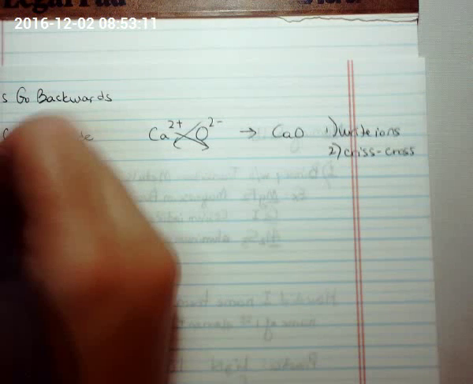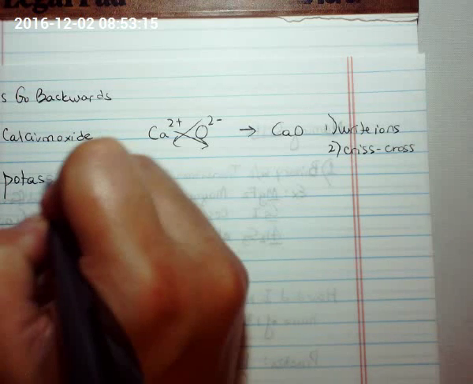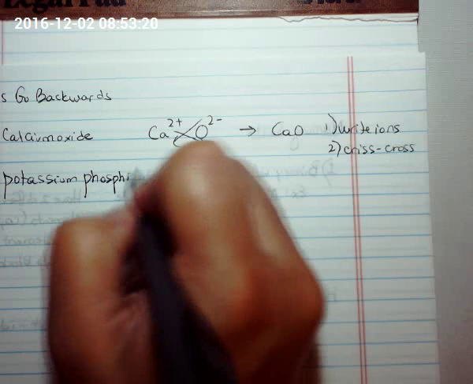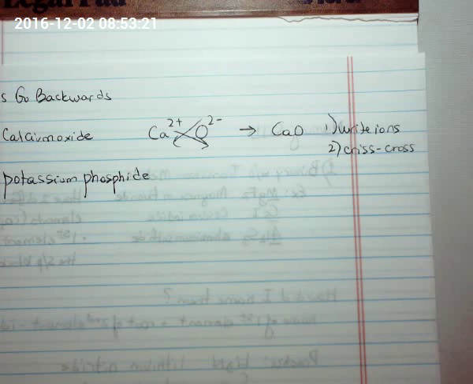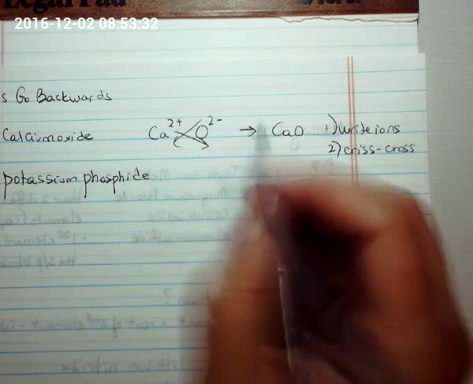All right, let's do another one. What if I had to come up with a formula for potassium phosphide? What do you do? And what's the charge on potassium, Sam? It's on the first column.